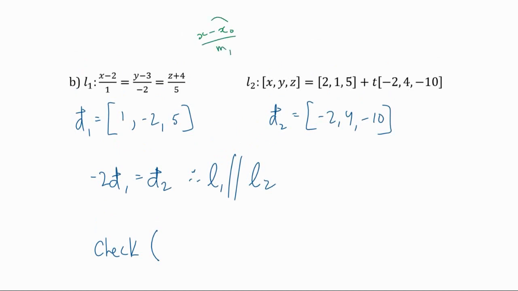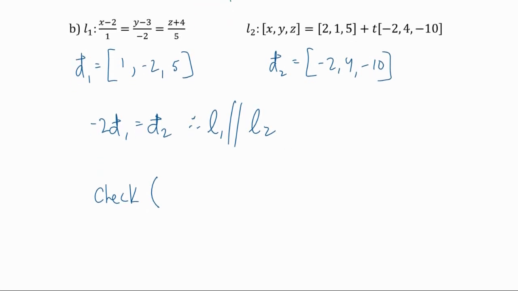So it's minus x naught, where x naught is the x coordinate of a position vector or point. So that means if it's x minus 2, it's positive 2. If it's y minus 3, it's positive 3. And if it's z plus 4, it's negative 4. There's my point. I could have used a point in the other one, sure. So I'm going to check that point in L2.